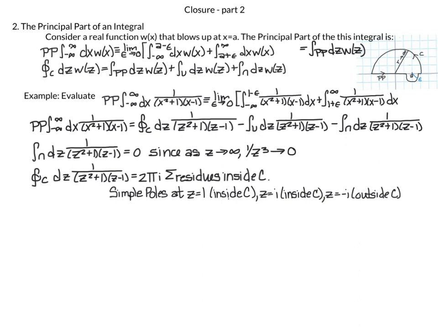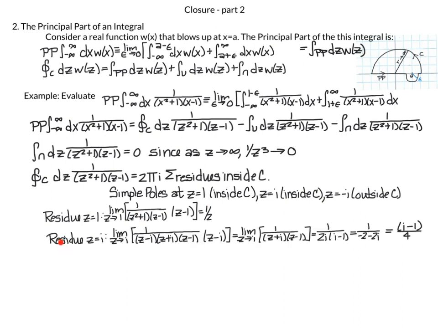And now we are ready to calculate residues. Looking at the residue at z equals 1, using our formula, the limit as z approaches 1 of 1 over z squared plus 1, z minus 1, and then we multiply by z minus 1 to cancel out our singularity, we get the limit as z approaches 1 of 1 over z squared plus 1, which is equal to 1/2. To get the residue at z equals i, again using the same formula for simple poles, we take the limit as z approaches i of 1 over z minus i, z plus i, z minus 1, multiplied by z minus i, which gets rid of this pole.